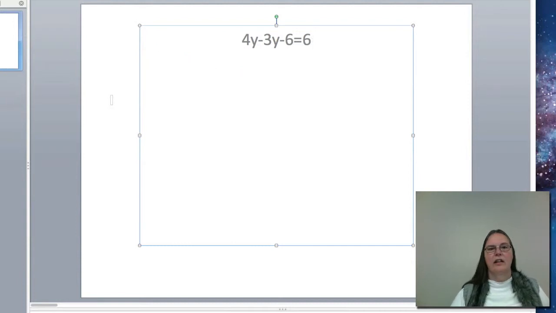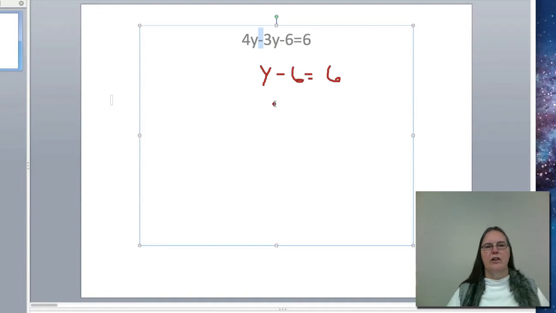And let's say, now that we know that, we have y left here, minus 6 equals 6. Now we're back to the kind of equation we had when we started. The simplest thing to do is to get the variable alone, and in this case, we want to get y by itself.